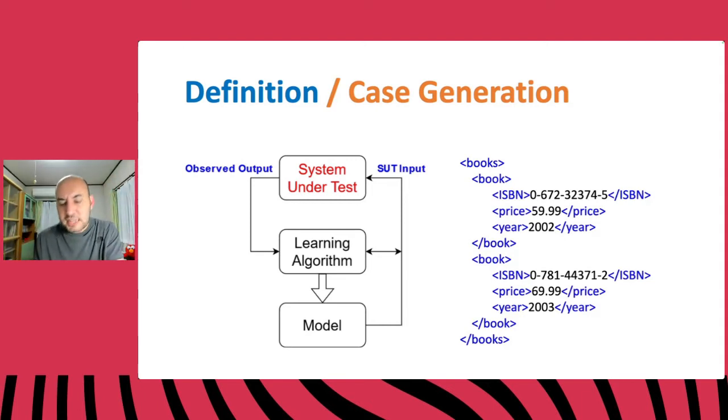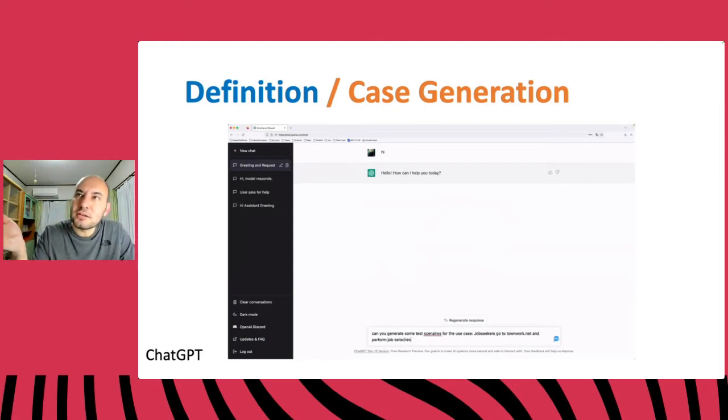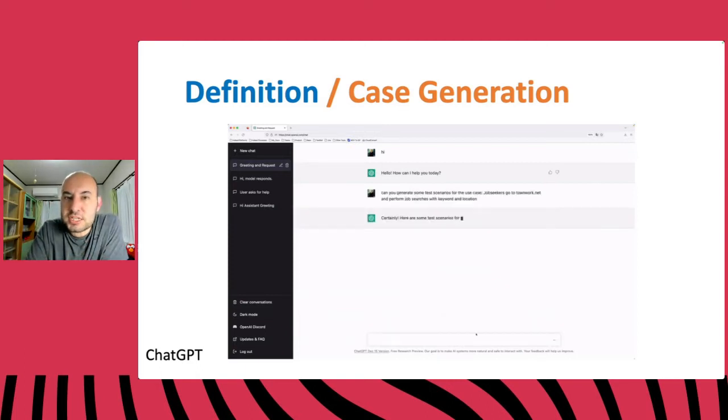Generating the data itself is one step, and then generating the test steps, the step-by-step test definition, is another step. In that regard, when we talk about using machine learning, it is almost like using ChatGPT. But of course, it is not only ChatGPT, we can develop our custom approach as well, right?